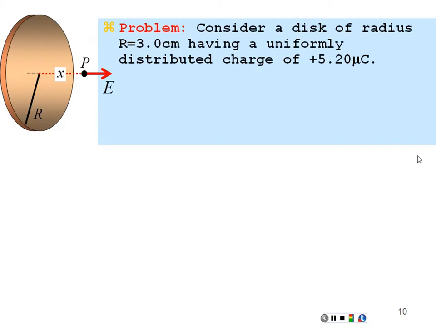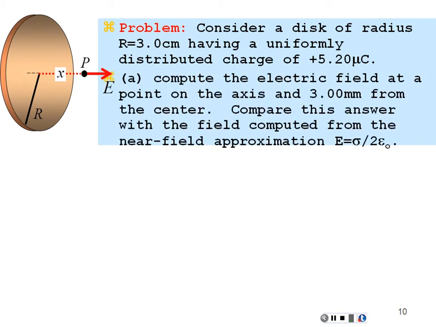Let's try out a problem with this disk. Consider a disk of radius 3 centimeters having a uniformly distributed charge of 5.2 microcoulombs. Compute the electric field at a point on the axis 3 millimeters from the center.